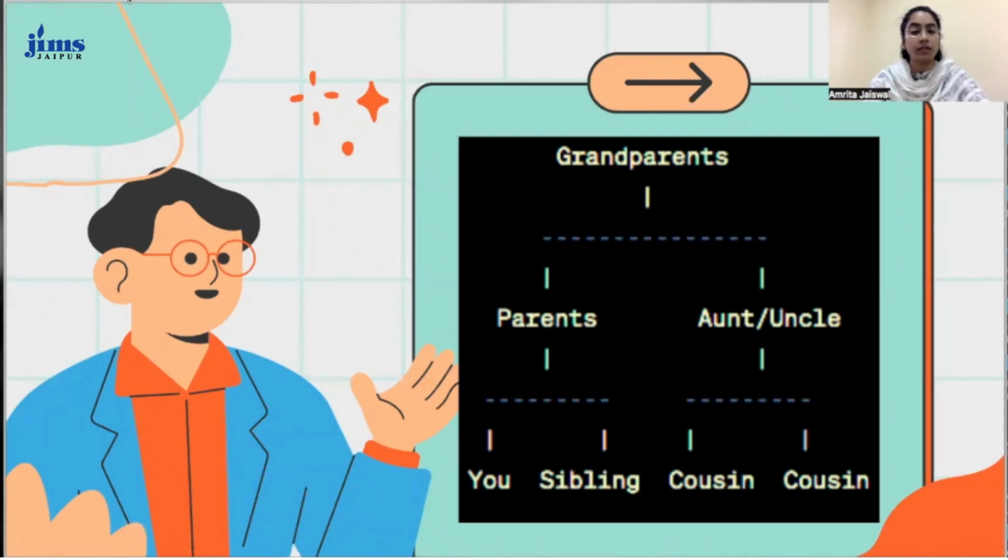Everyone on that tree is unique but also related in some way or the other. Everyone in this family tree has their own identity, their own personality and different characteristics at the same time. Similarly, a brand architecture family tree might look like this, as you can see on the screen.